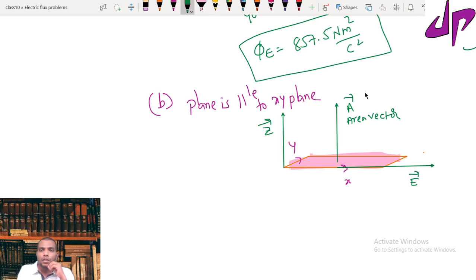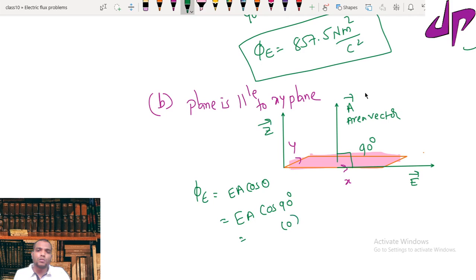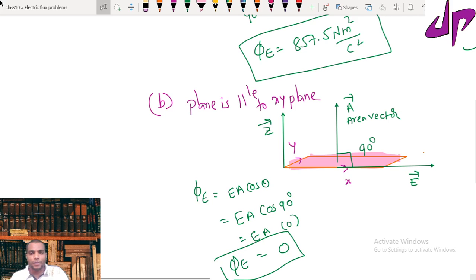Now if you can see, the electric field direction and the area vector of the xy plane are making an angle of 90 degrees. Now we can write flux phi E in the second case equal to EA cos theta. So here E times A cos 90 degrees. Cos 90 degrees becomes 0, times EA, which equals 0. So the flux in this case is 0.